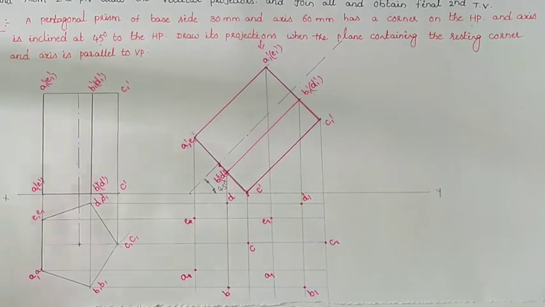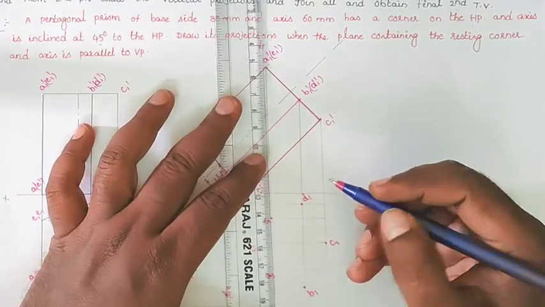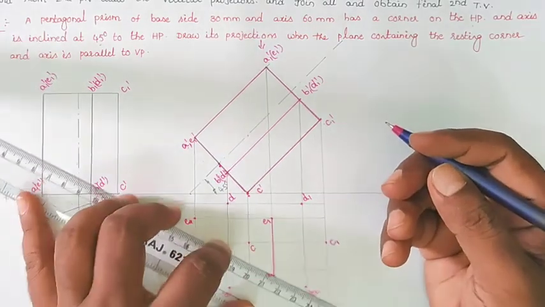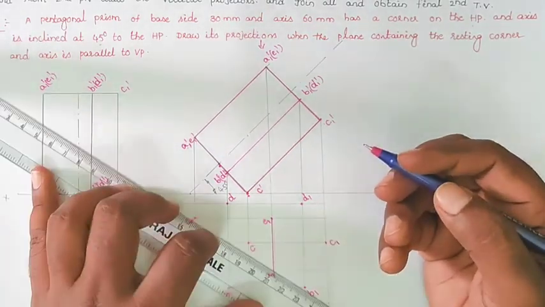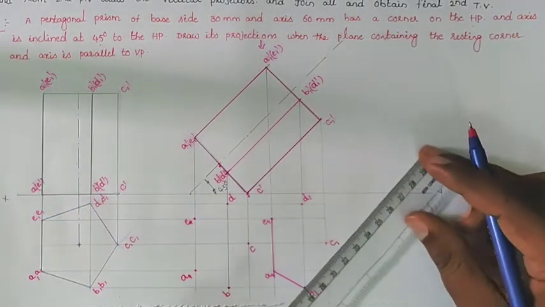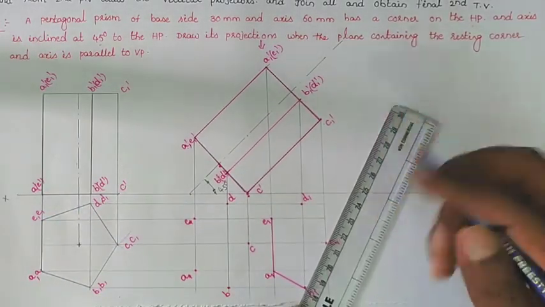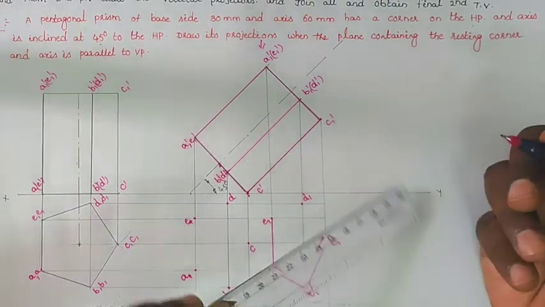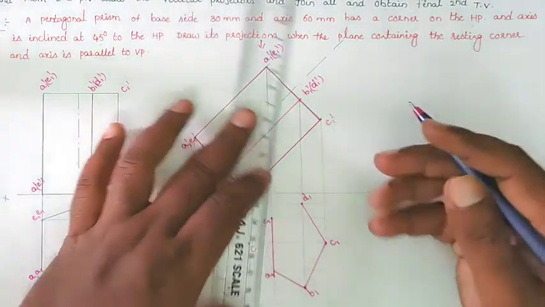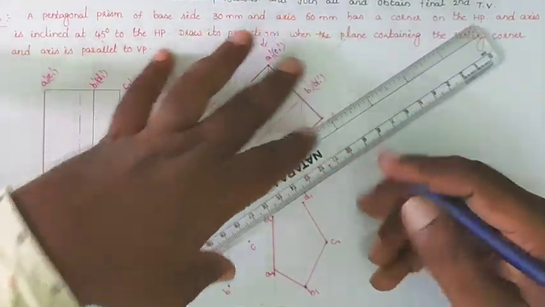First of all, we'll join A1 and E1, similarly A1 and B1, B1 and C1, because it is thick. We'll get the base, which looks like a pentagon. So we'll get the two bases as pentagonal shapes.